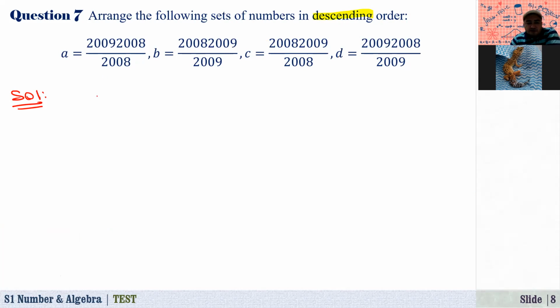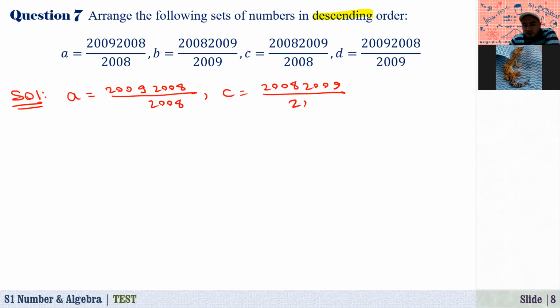If we compare A and C, A is 2009,2008 over 2008, and C is 2008,2009 over 2008. So the denominators are the same, and now we just have to compare numerators. When comparing numbers, we have to start from the leftmost side, right?